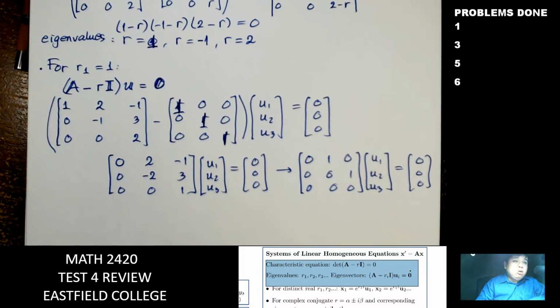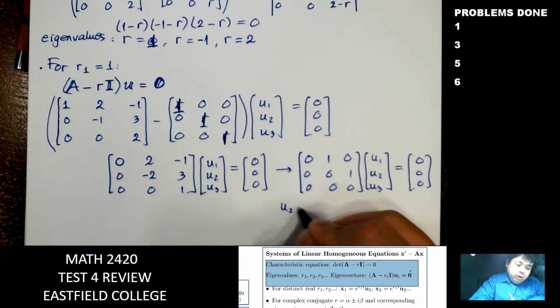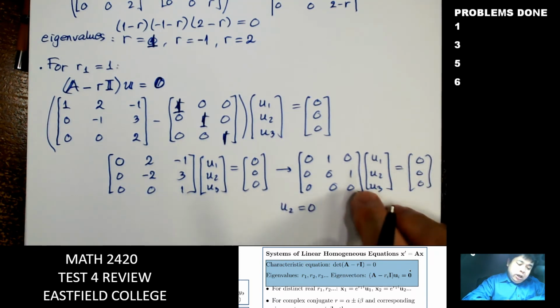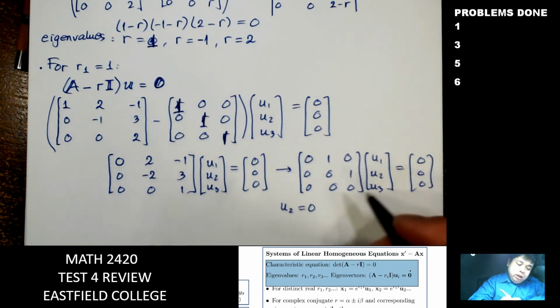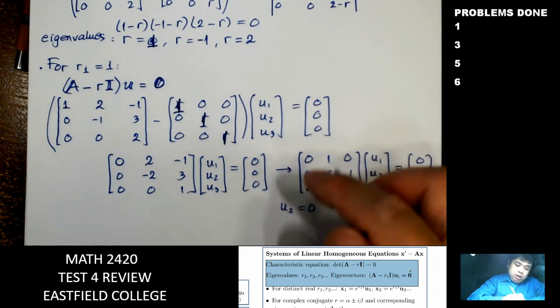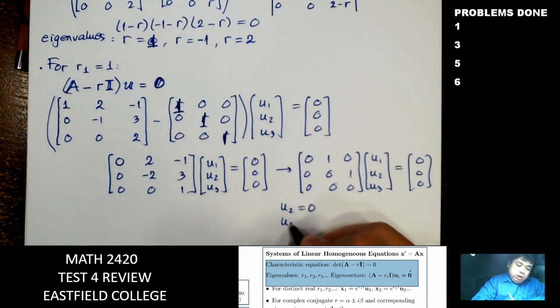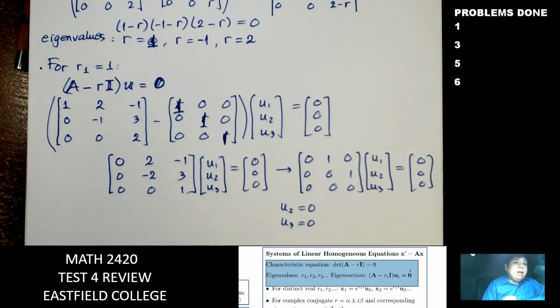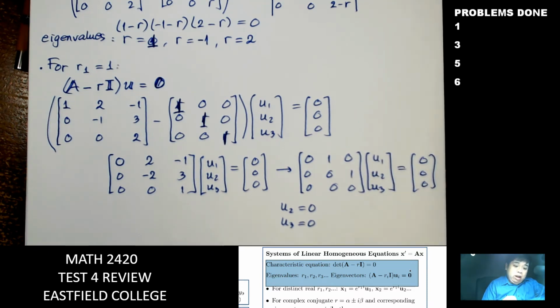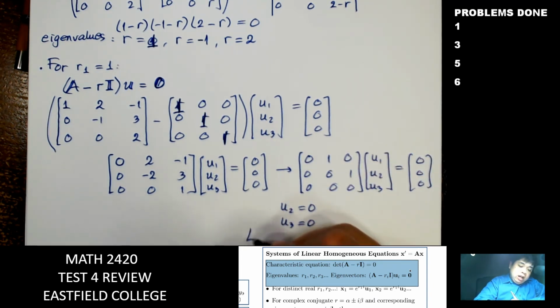If we multiply it out, we will have U2 equal to 0, and then U3. So the first one, U2 equal to 0, the second one, U3 equal to 0, and we don't have anything for U1. There's no 1 in this column, so we let U1 equal to 1.